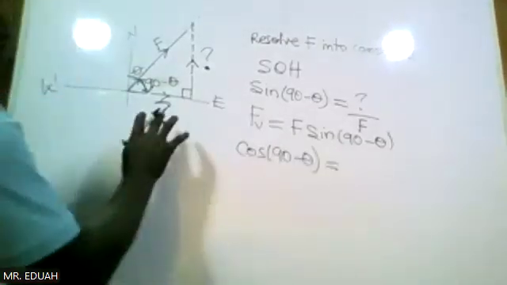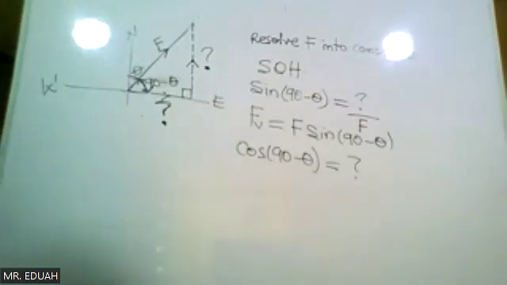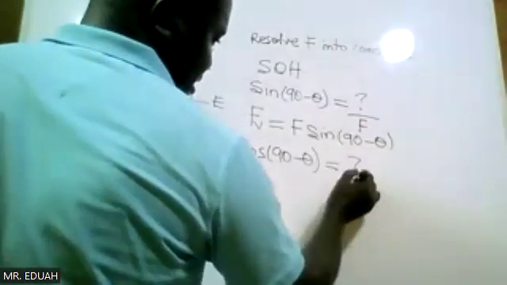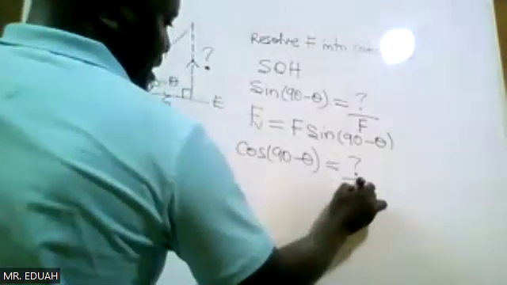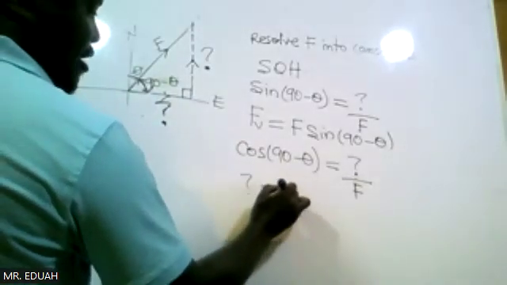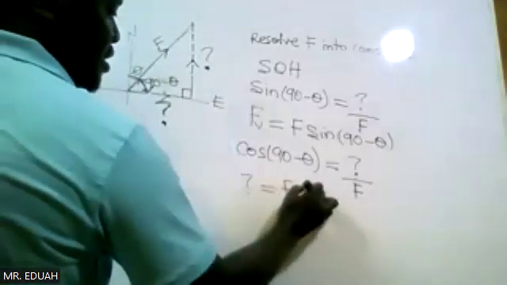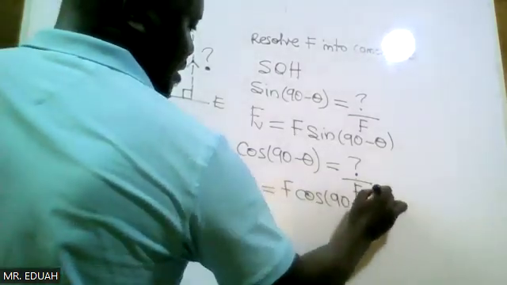We have the adjacent, because cos is adjacent over hypotenuse. I don't know the adjacent; the hypotenuse is F. With the unknown made the subject, I have F cos 90 minus theta.